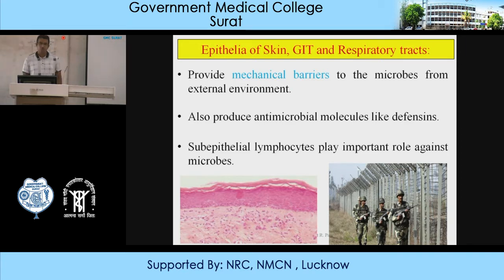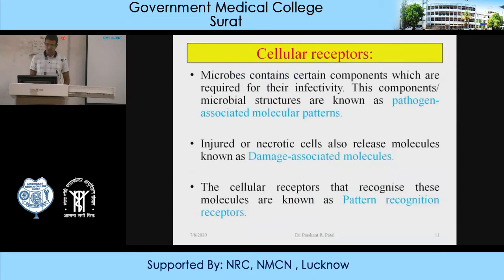Coming to cellular receptors, microbes contain certain components which are required for their infectivity, and these microbial structures are known as pathogen-associated molecular patterns. Injured or necrotic cells also release molecules known as damage-associated molecular patterns. The cellular receptors that recognize these molecules are known as pattern recognition receptors.